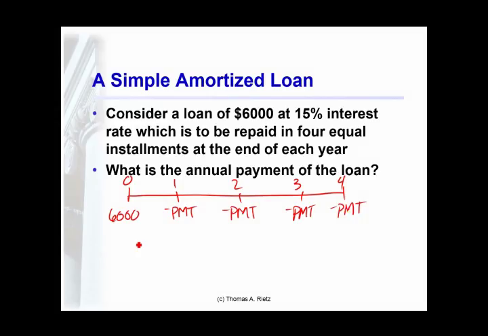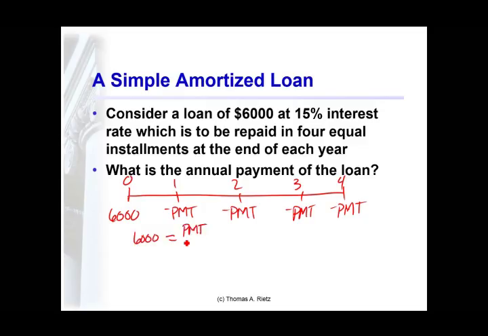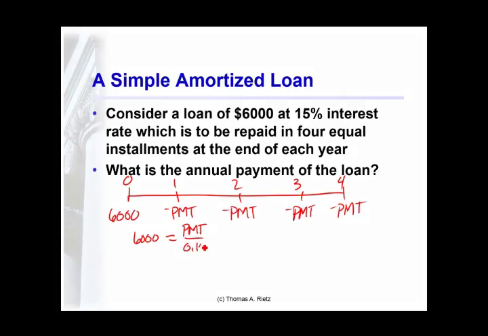over 4 years, and the property of an amortized loan is that at any point in time the value of the loan principal is equal to the present value of the remaining payments at the interest rate contracted for in the loan. So in this case, the present value, $6,000, is equal to the present value of the payments and it's an annuity.